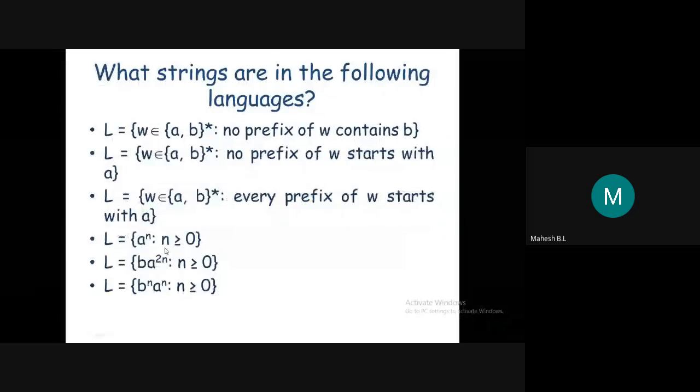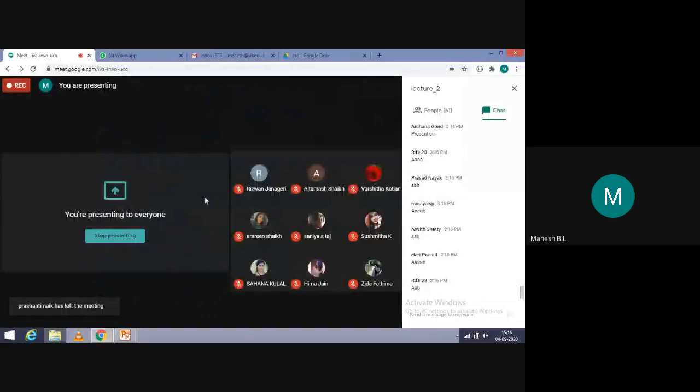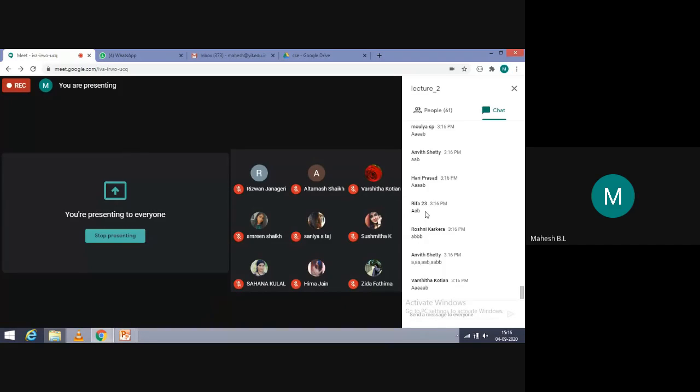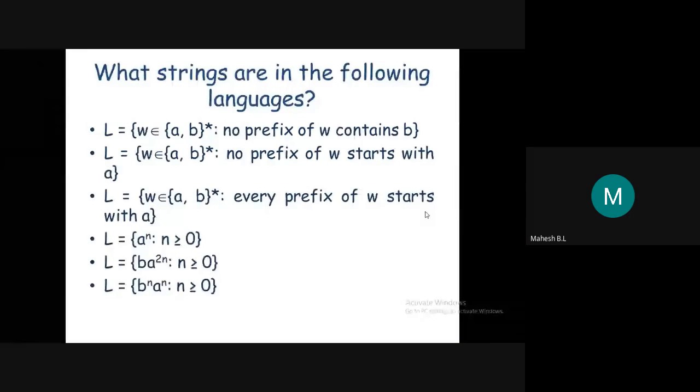Third one: language is equal to {w belongs to {a, b}* | every prefix of w starts with a}. So whenever a string starts with a, automatically the prefix also starts with a. Another way of saying that is every string must start with a. Every prefix must start with a. Both are the same.